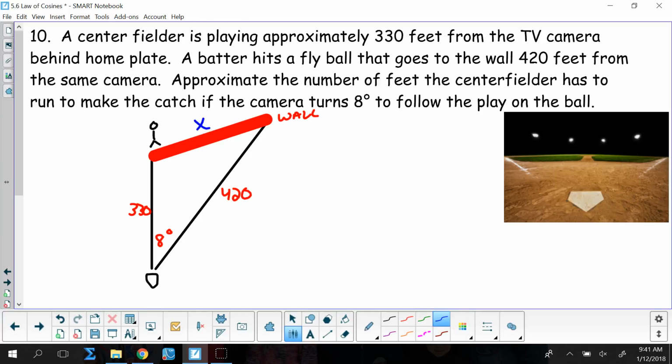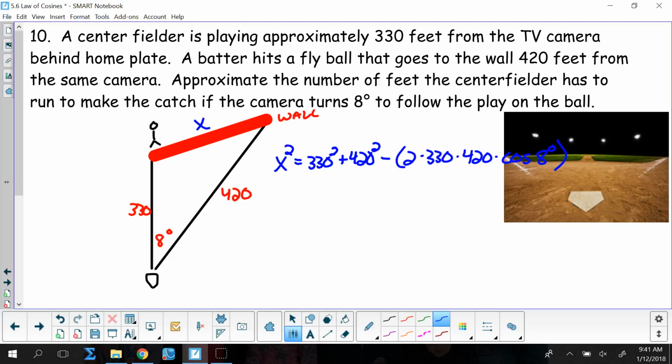Law of sines, law of cosines. Law of cosines. Okay? So x squared is going to equal 330 squared plus 420 squared minus 2 times 330 times 420 times the cosine of 8 degrees.